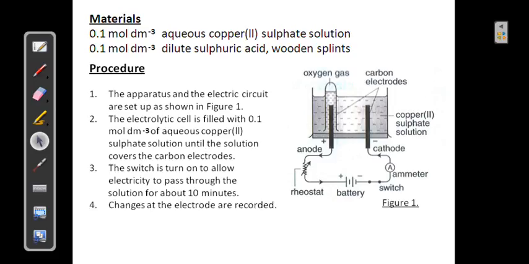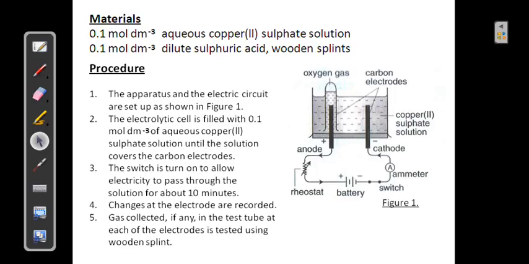Then changes at the electrodes are recorded, and gas collected, if any, in the test tube at each of the electrodes is tested using a wooden splint. Either it glows or it pops. Then steps 1 to 5 are repeated using 0.1 mole per cubic decimeter dilute sulfuric acid. So there are 2 experiments that we're going to do.